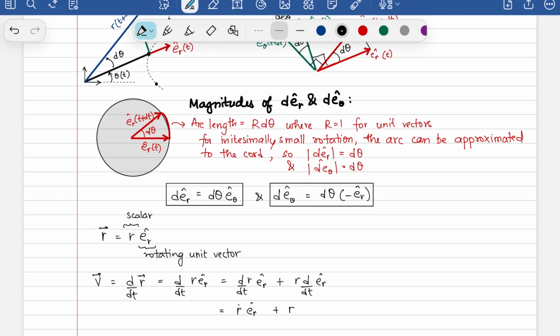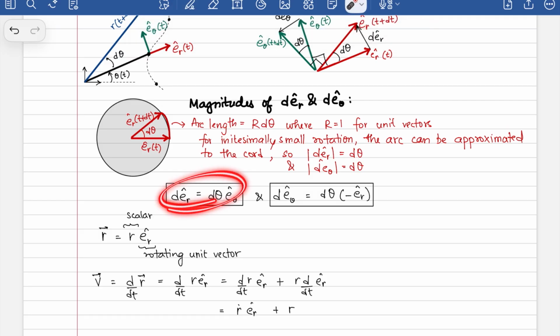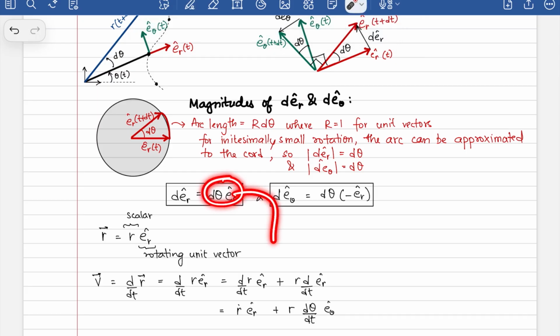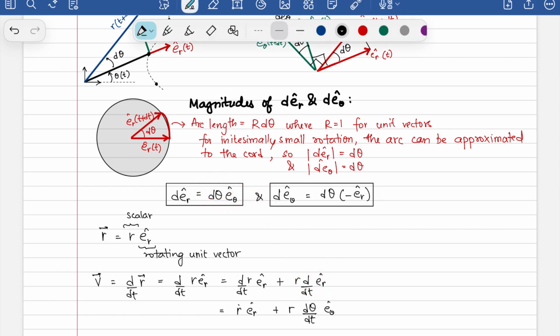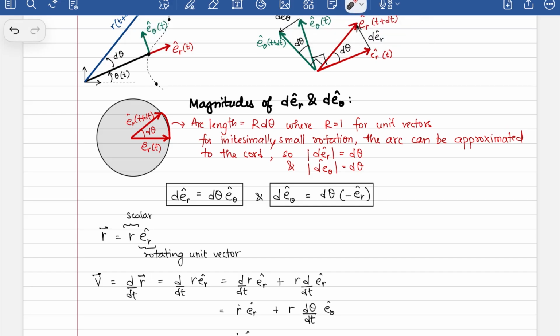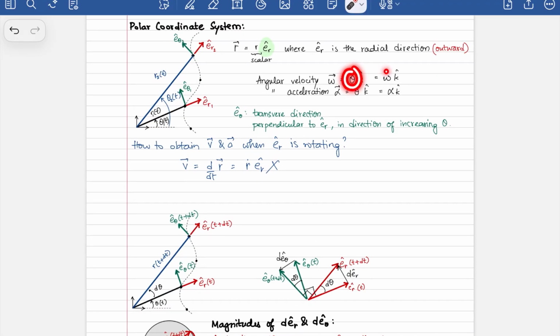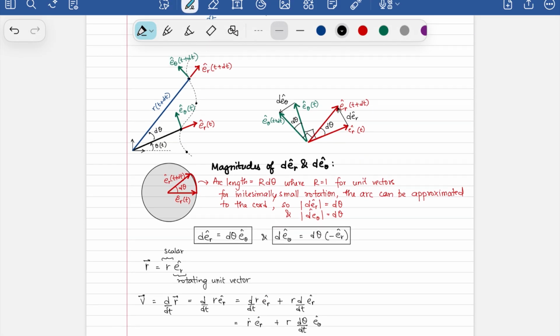Now we can take der hat from this above to write it as d theta dt with e theta hat as the direction. Right? We just replaced der hat with this. And in the end, this gives us r dot er hat plus r. What is d theta dt? It's by definition omega, the angular velocity.